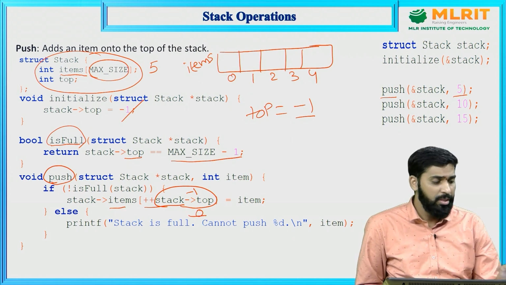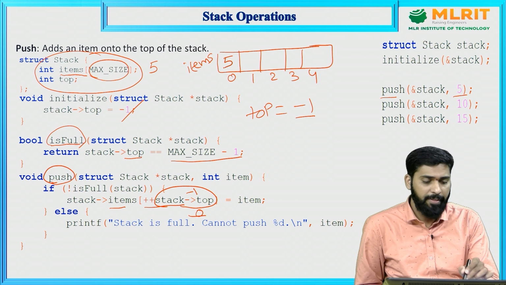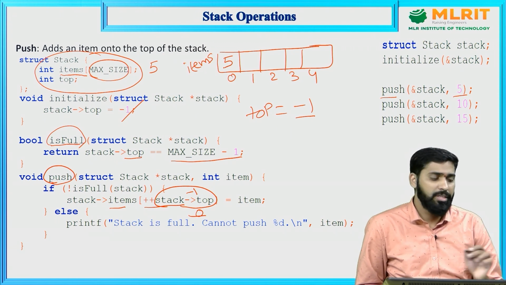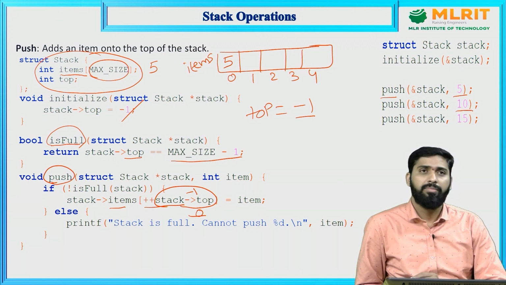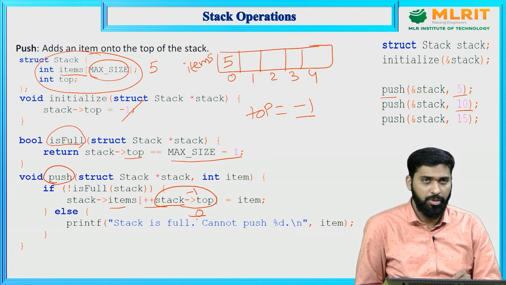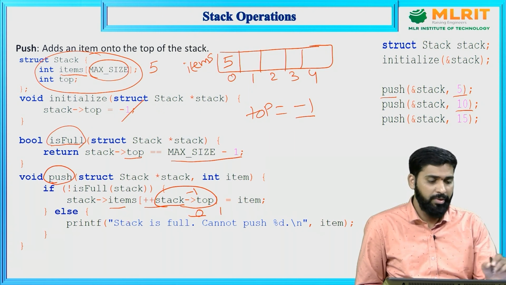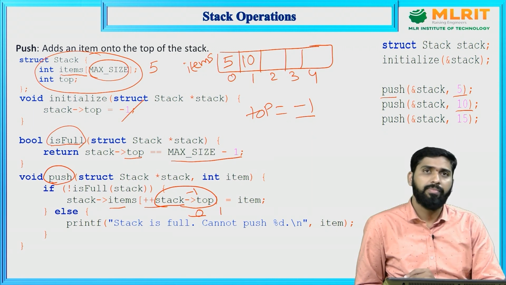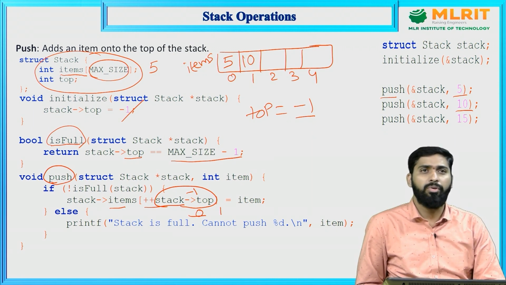Now the 5 is inserted here. In the next call I call push 10. What is the top value now? 0 plus 1 becomes 1, items of 1 we insert 10. So, this is the code for pushing an element into stack.